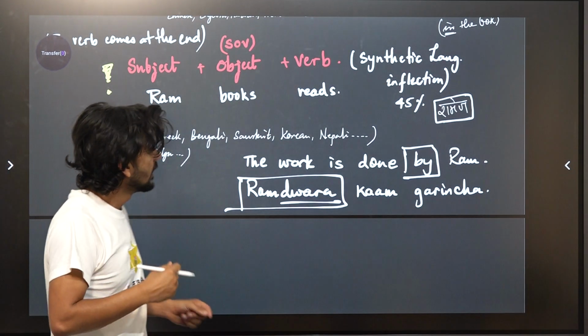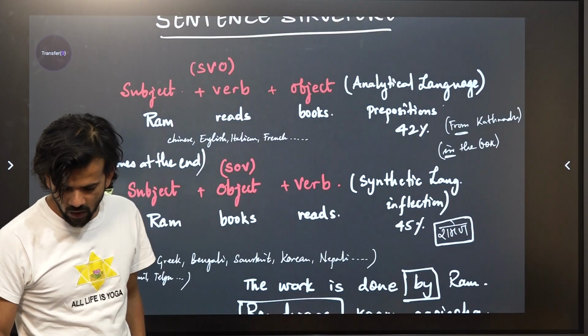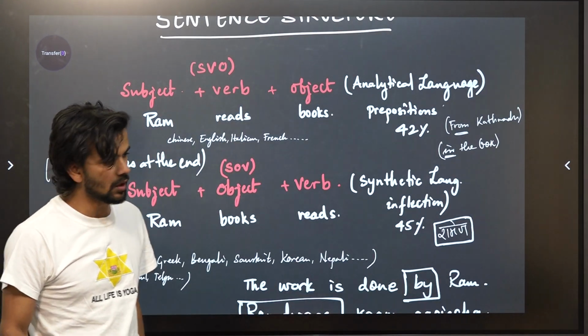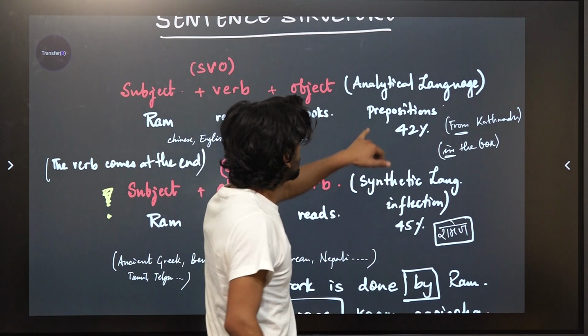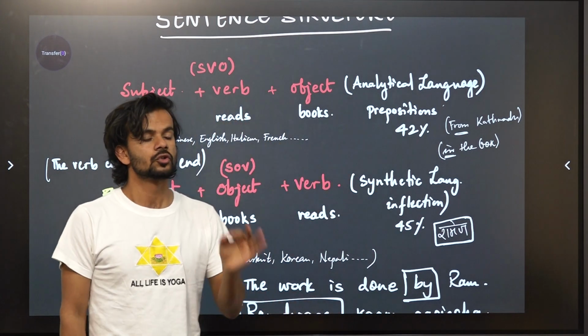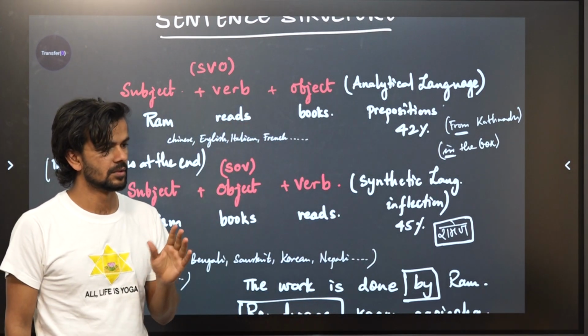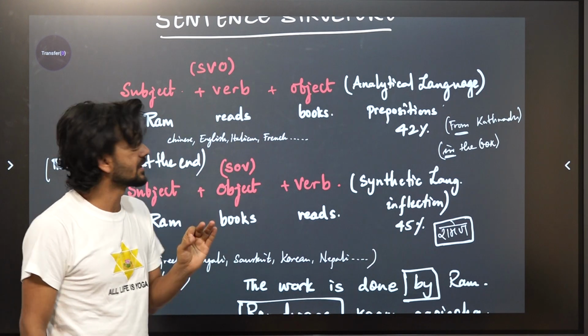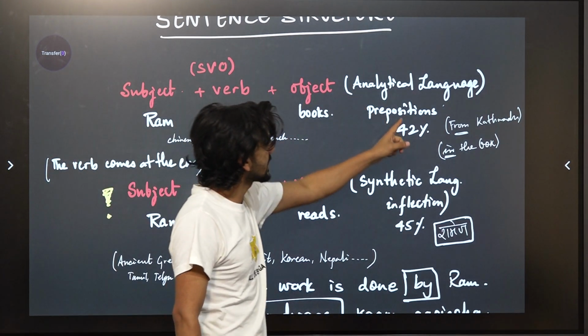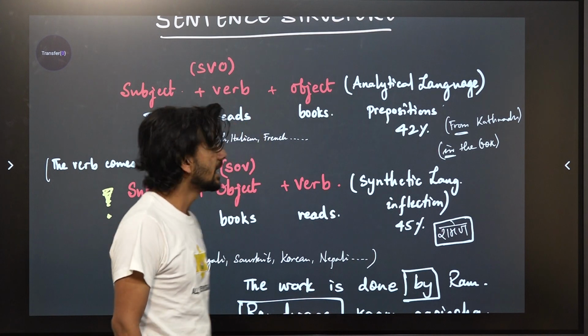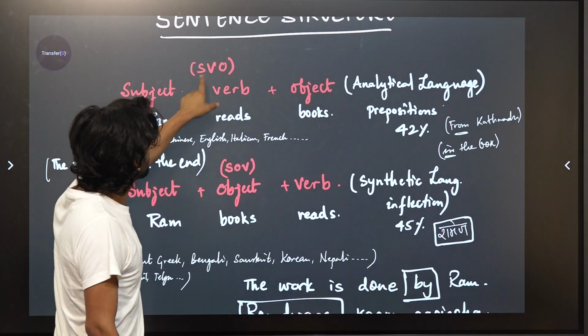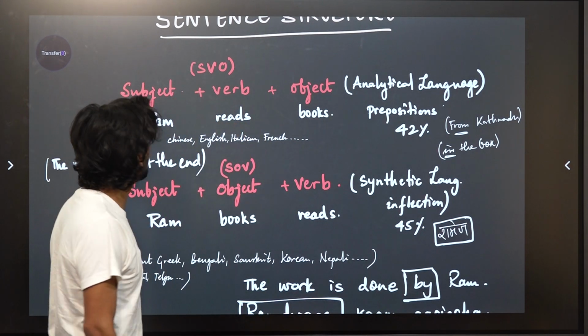Inflection हुन्, whereas in, for, by, from, to, all of these are prepositions. So this is the common understanding. Most of the world languages are of analytical type or synthetic type, and they follow either SVO or SOV.